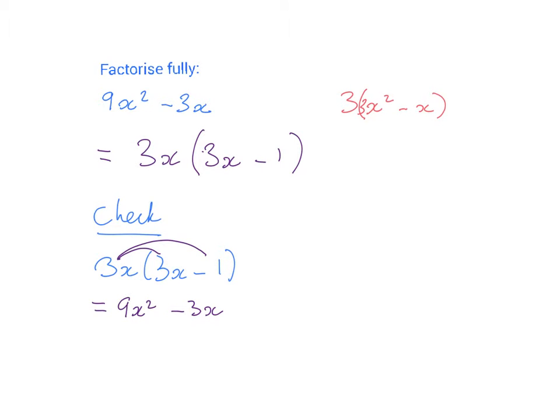And then we could have realised, well, actually, we've still got x as a factor in both of these bits, so now we can take x out afterwards. And that would be perfectly fine. So we've still got x as a factor, let's take that out as well. 3x times (3x minus 1). So it doesn't matter if you don't do it all in one step, you can do it over several steps.